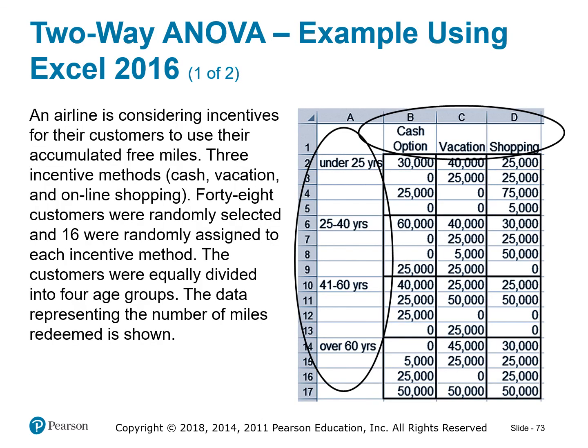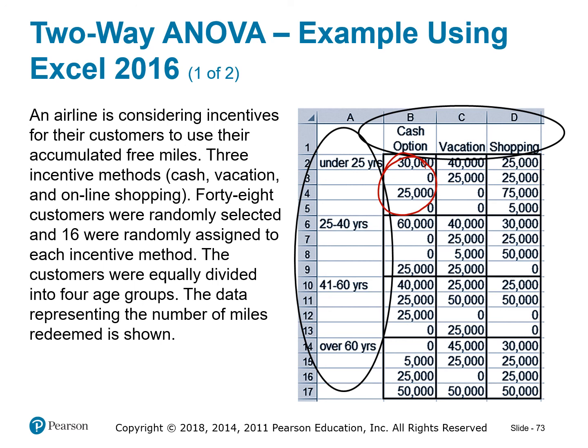Okay, so let's look at an airline that's offering incentives for different age groups based on the accumulated vacation time they can receive. We've got four age groups. And then there are different value options that they give these individuals: cash option, vacation, or shopping. In each of these squares is the people's behavior, how much they spent based on these incentives.